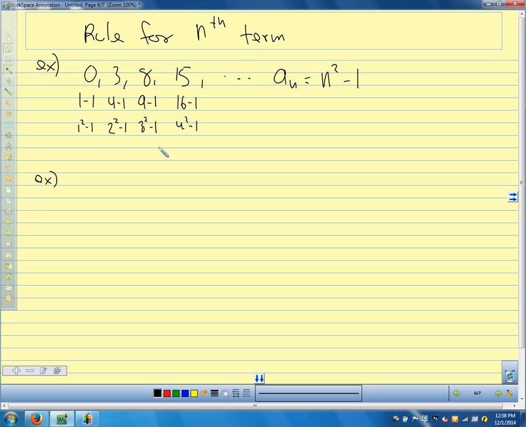All right, how about 1/2, 1/6, 1/24, 1/120th? Do we recognize those denominators?